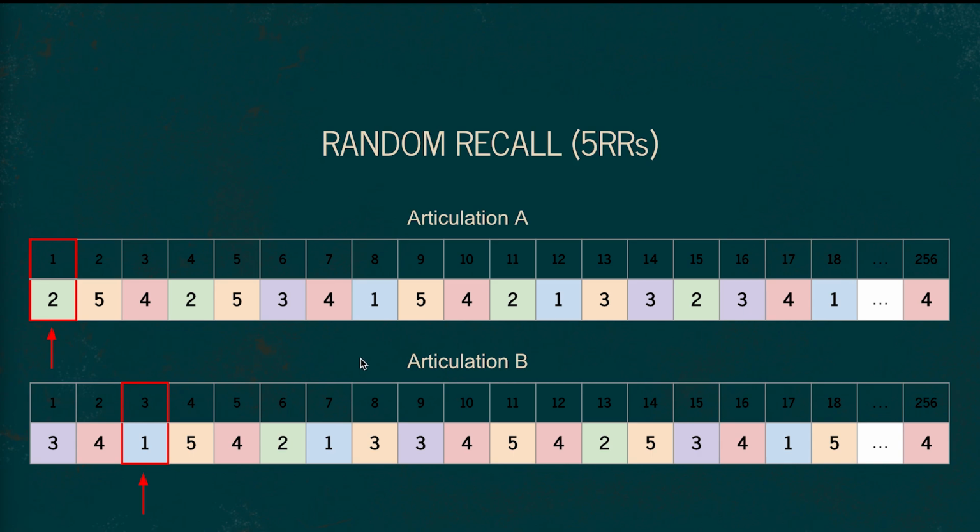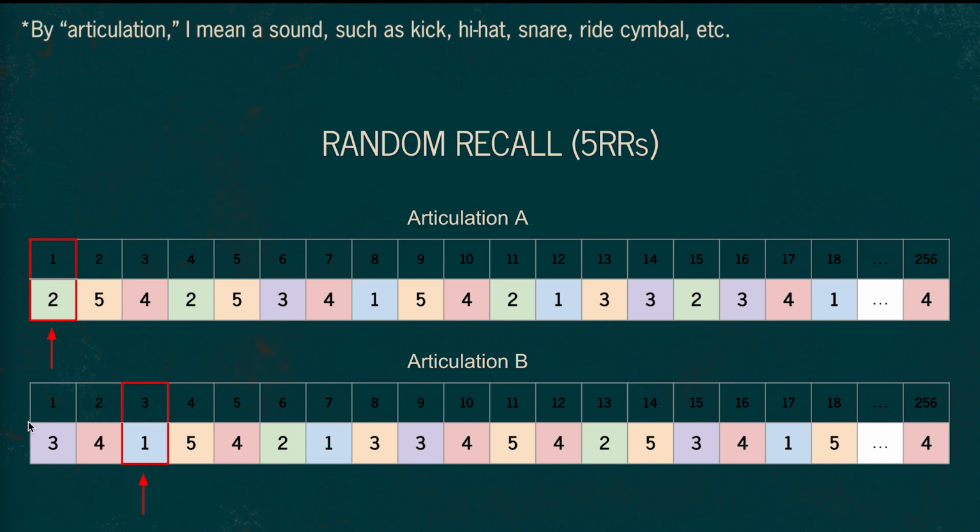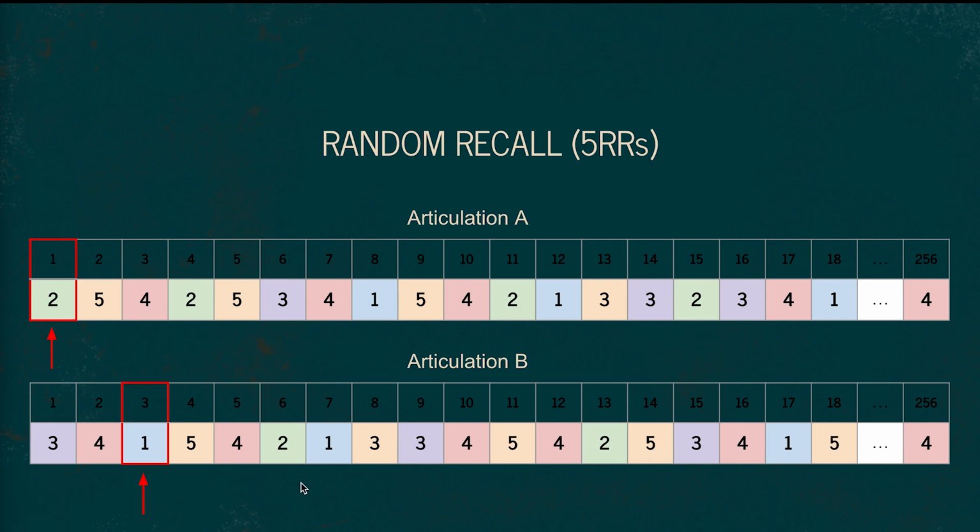And then we didn't just do that for one articulation. Every articulation has its own cycle and is advancing at its own rate. And there's different tables depending on whether an articulation has 3 round robins or 8 round robins or whatever it happens to have.